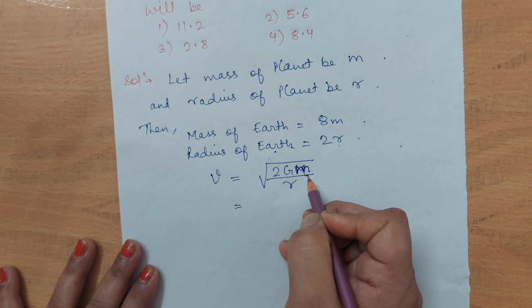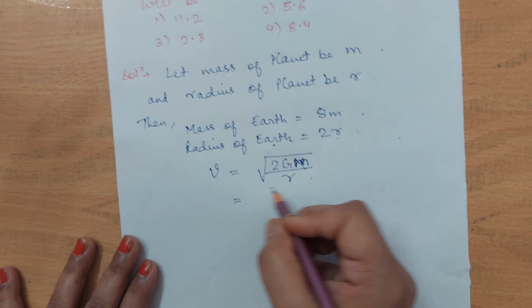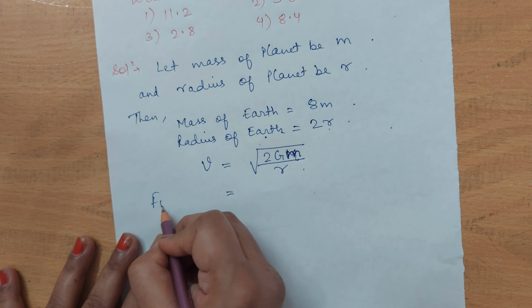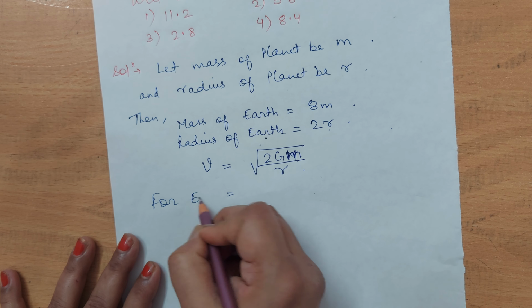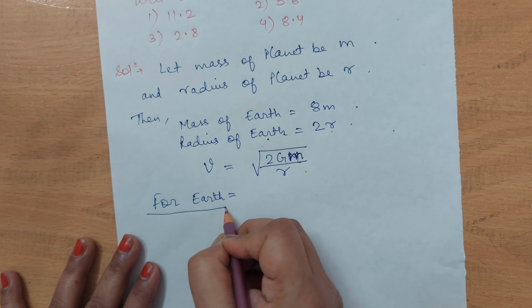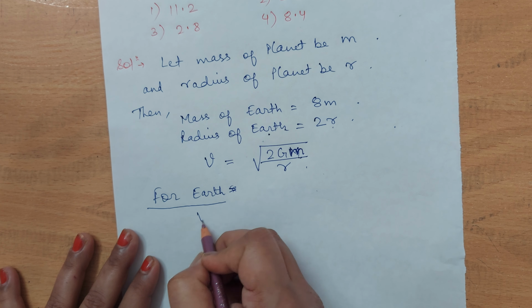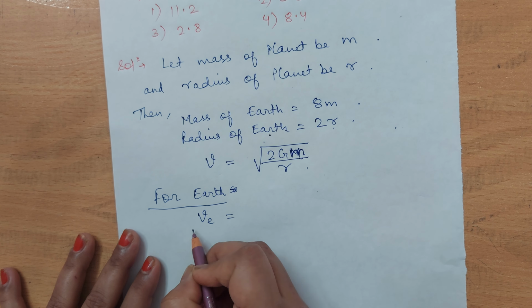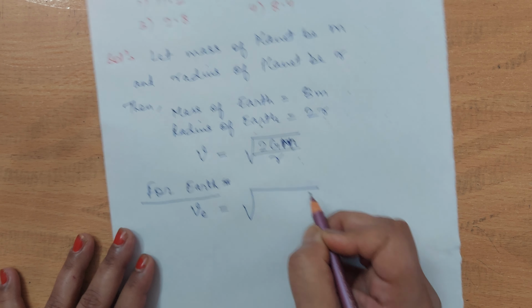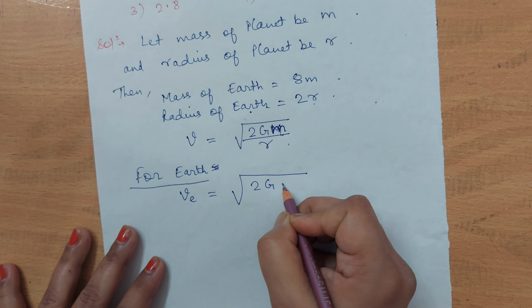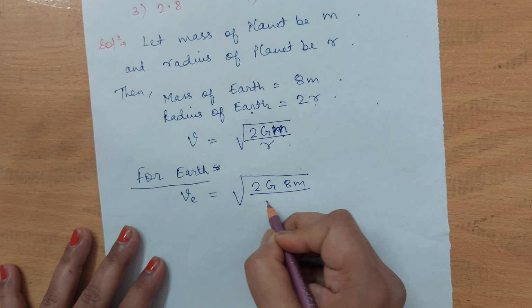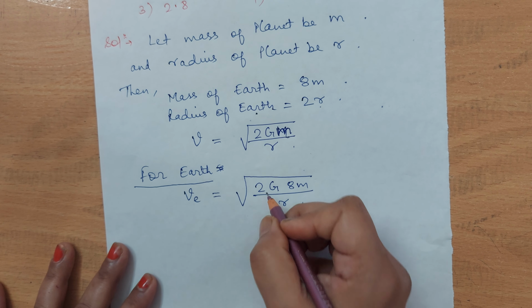For Earth it is equal to 8m. So we will put the value for Earth. For Earth, escape velocity is equal to root under 2G 8m by 2r.